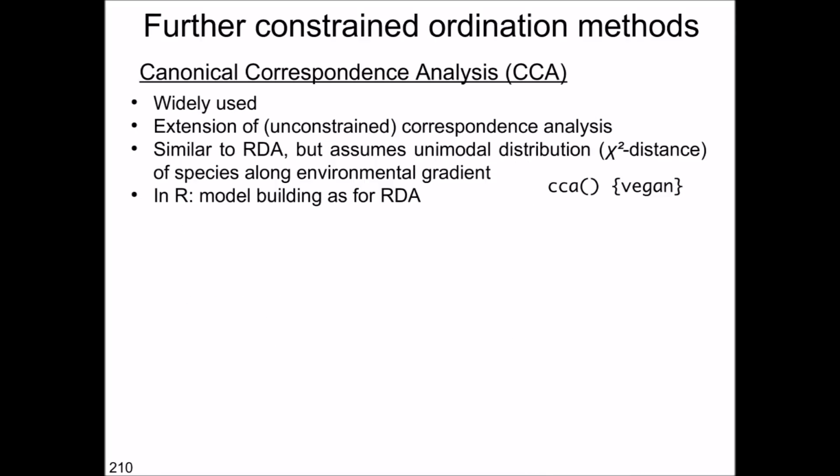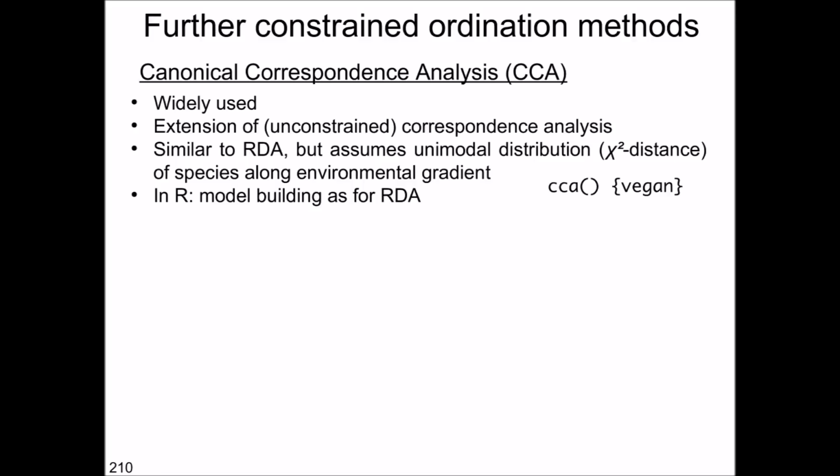There are of course also several other methods that can be used for ordination. We cannot discuss all the different ordination methods in the course. We have no time to do this, but one very widely used method is canonical correspondence analysis.